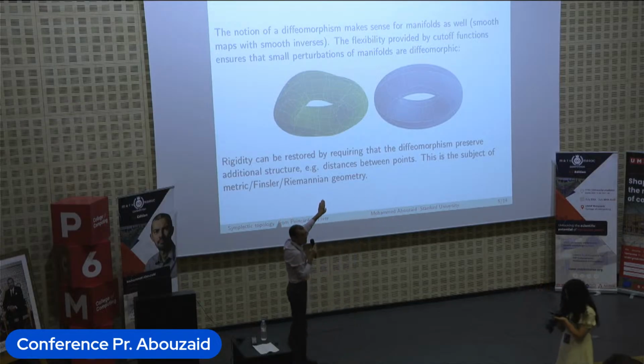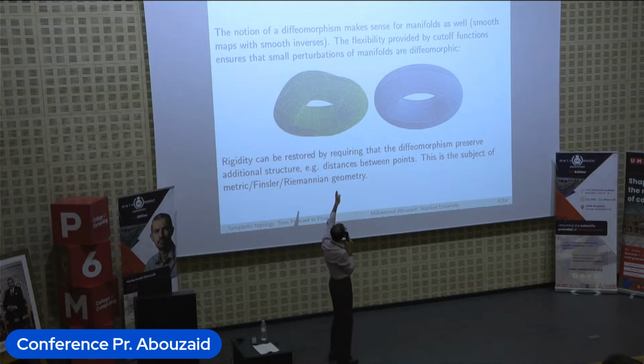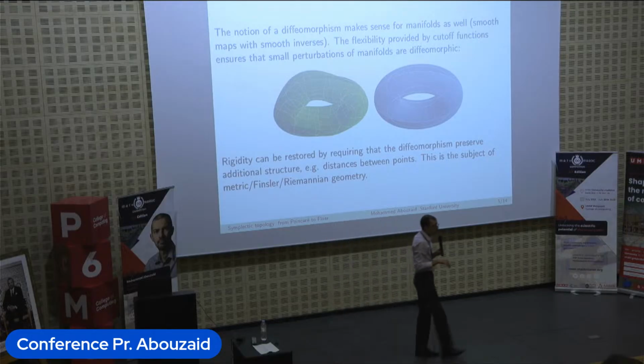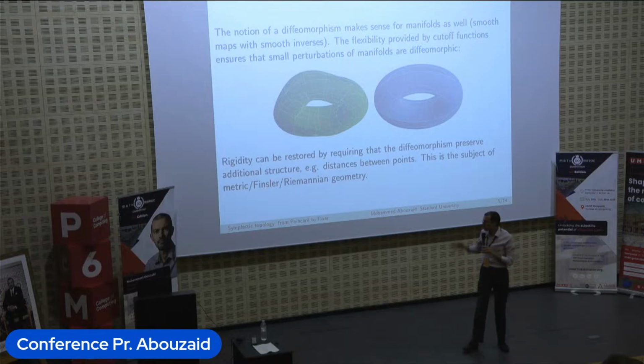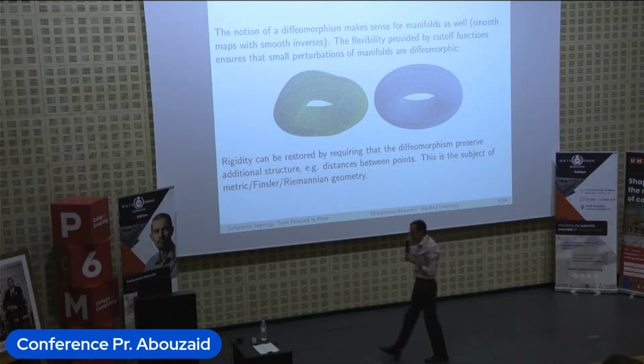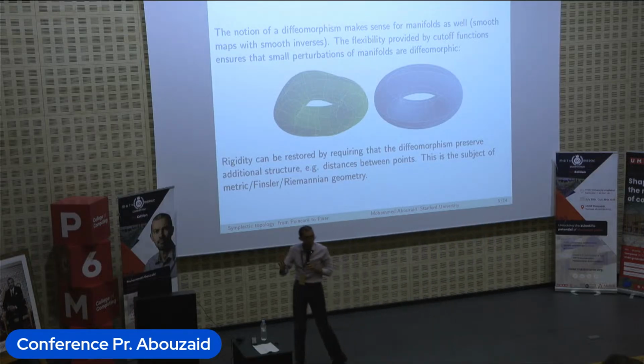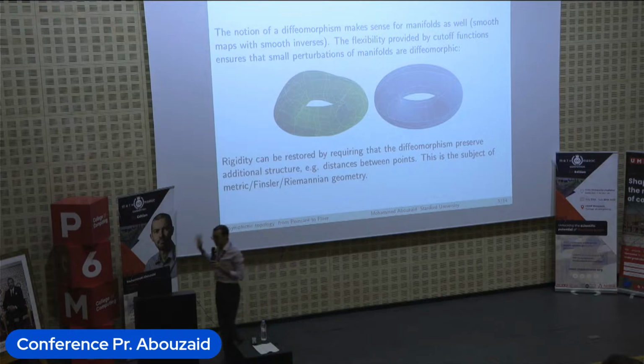This green thing will also have a notion of distance between 2 points. And it's not very difficult to prove that as soon as you do any reasonable deformation of the blue thing, you will get something whose notion of distance is very different. So Riemannian geometry or metric geometry, unlike topology, is very rigid. So that's not what we're going to do.